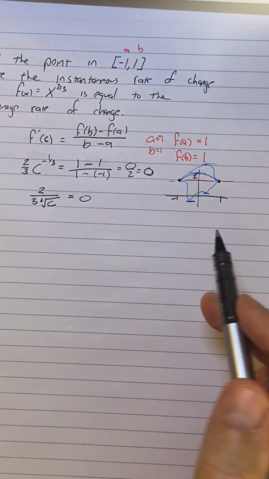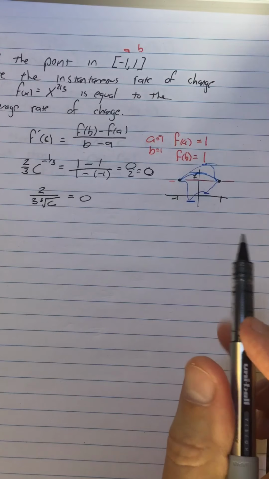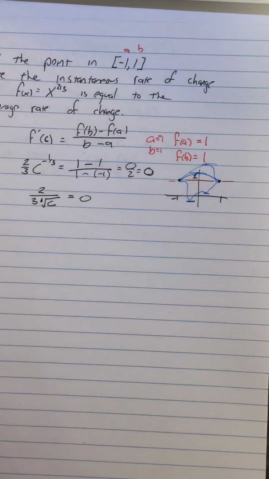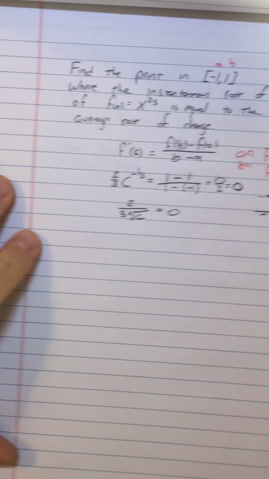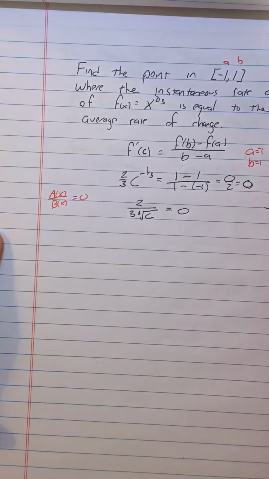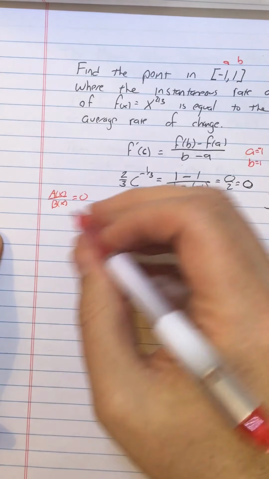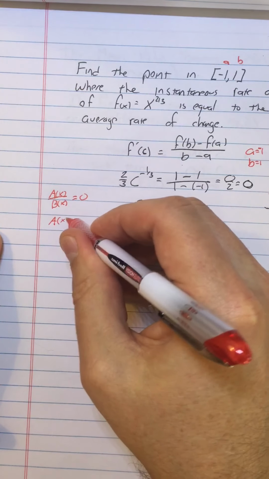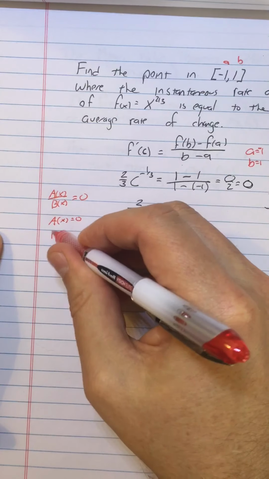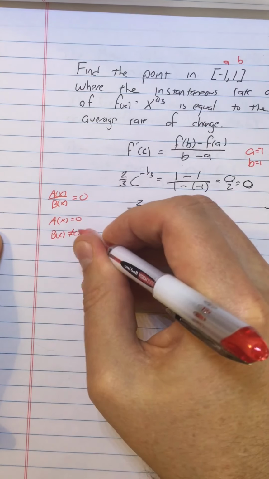Now, as soon as I see this, there's a basic algebraic idea with fractions equaling 0. If I have some a of x over b of x, and that fraction equals 0, the only way that can happen is that a of x is 0, and b of x is not 0.